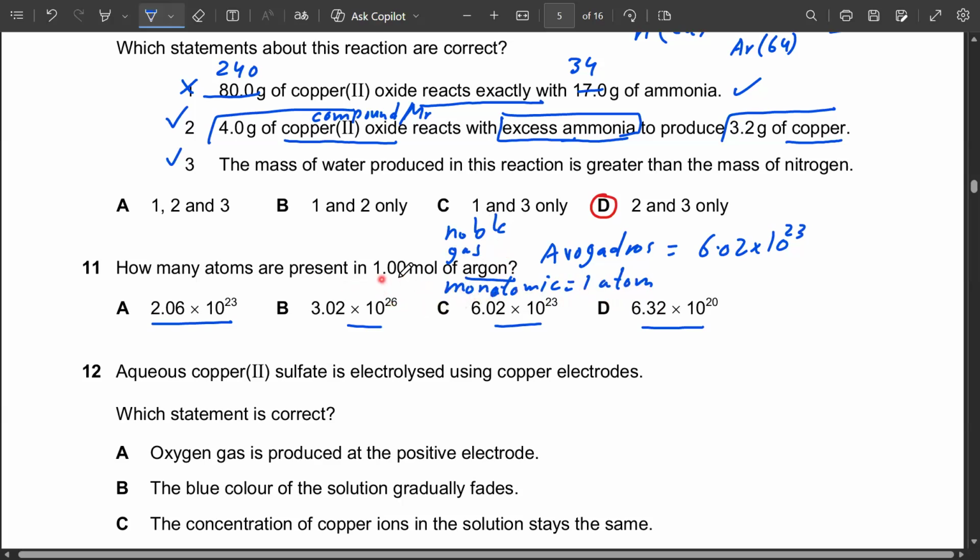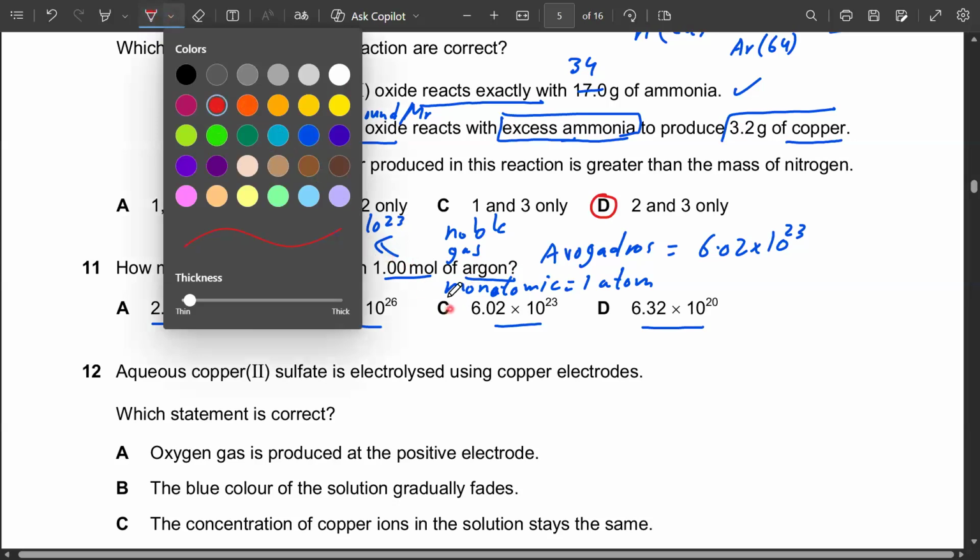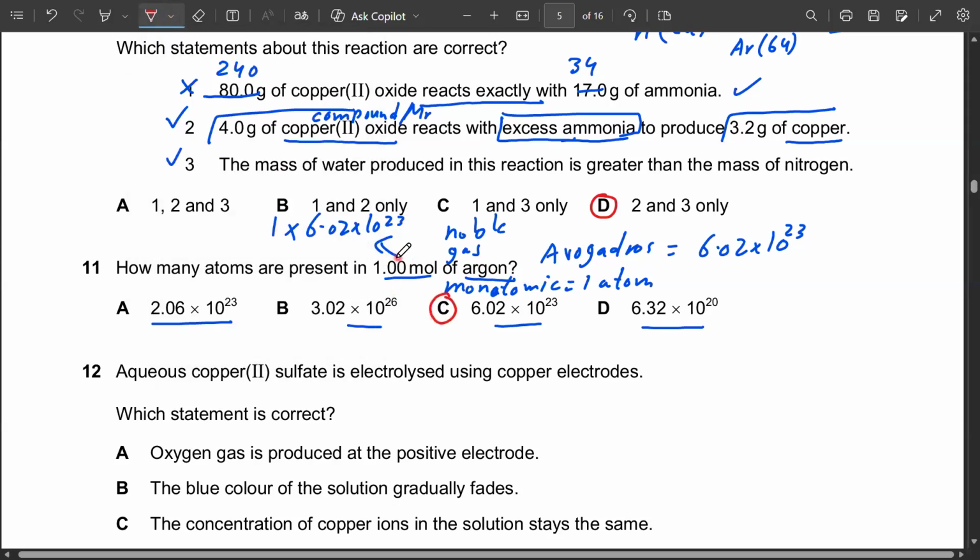So 1 mole is equivalent to 6.02 into 10 raised to the power 23, because one mole has this many particles, and argon is monoatomic, having only one atom. So 6.02 into 10 to the 23 will be multiplied by 1. This value is equal to the value given in option C. So C is the correct option for question number 11.